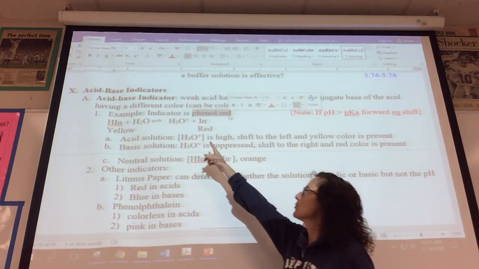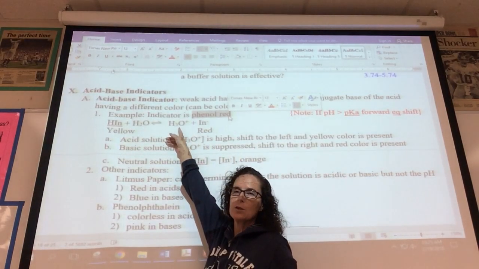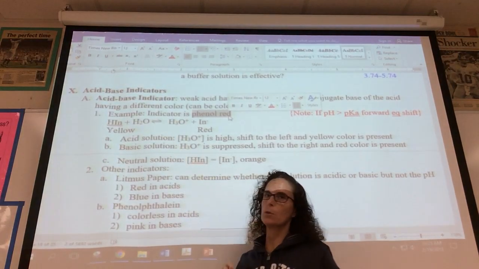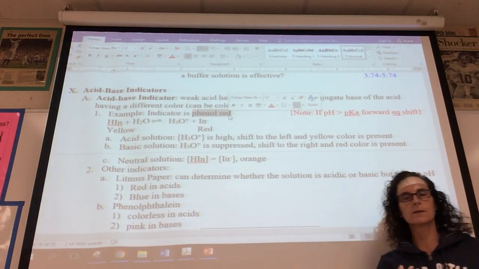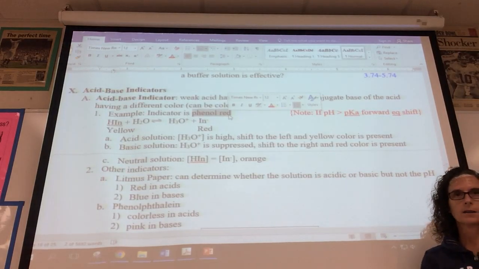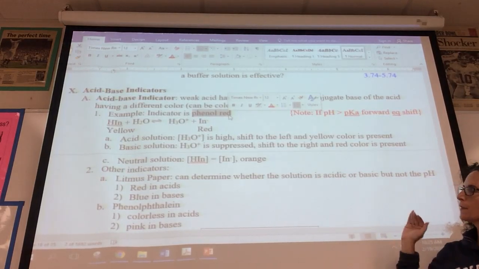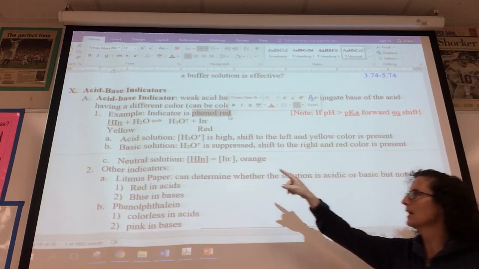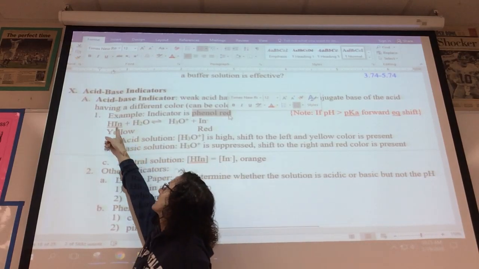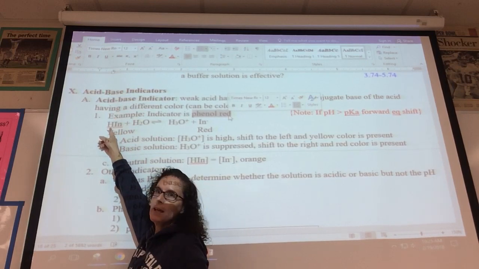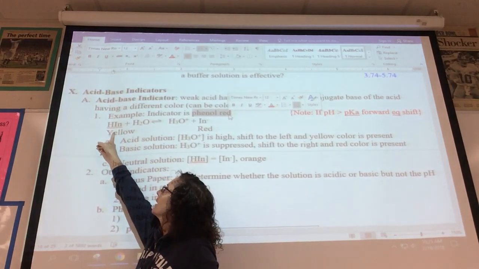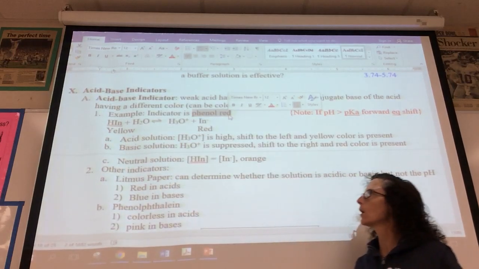With a high hydronium ion concentration, as we talked about in the equilibrium chapter, equilibrium will shift in the reverse direction to use the hydronium ion that is present. With the shift in the reverse direction, you're going to generate that indicator as a weak acid. HIn for indicator, the H in front indicates the weak acid form of it, and the solution will turn yellow.